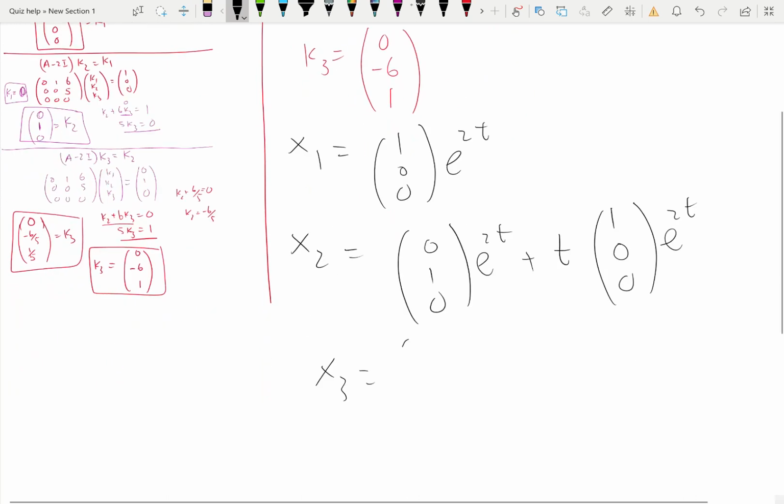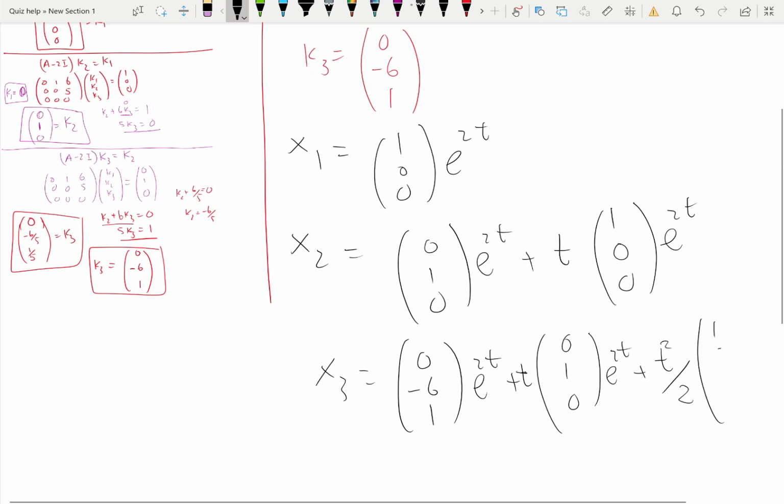X3 is K3, 0 negative 6 1, e to the 2t plus t times K2, 0 1 0, e to the 2t plus t squared over 2 times K1, 1 0 0, e to the 2t. So this is the third solution.